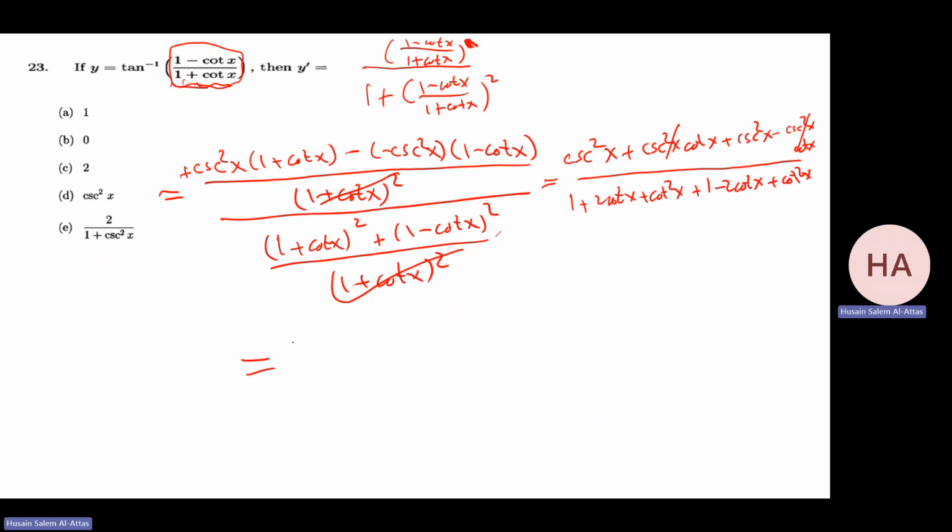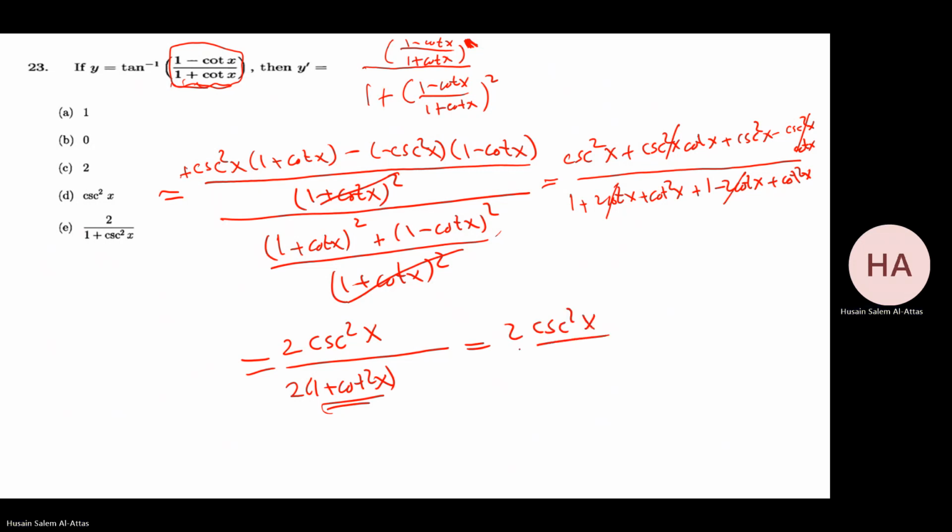So that will give us 2 cosecant square x over 2, 1 plus cotan square. What is 1 plus cotan square? It is cosecant square, so this is the answer, which is strange. All of this, the derivative is only 1.